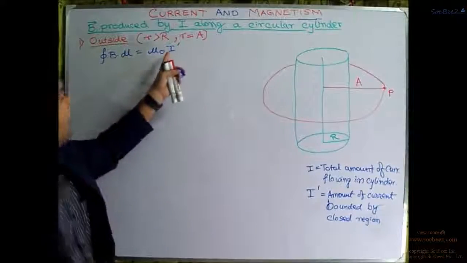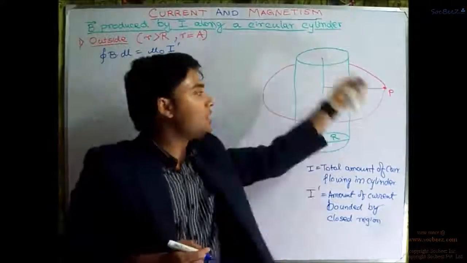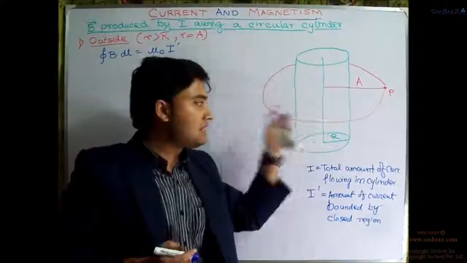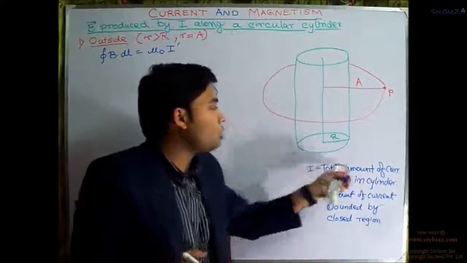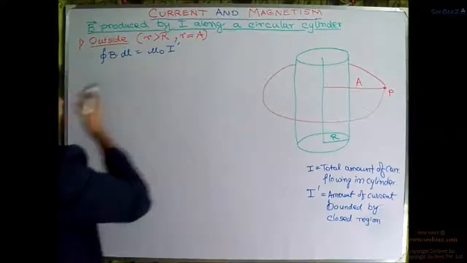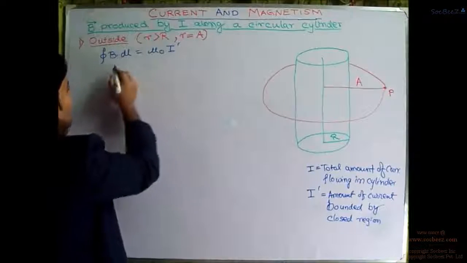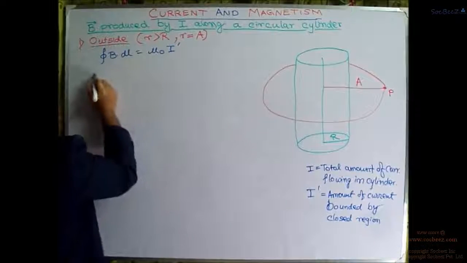And over here, what is the amount of the current that is bounded by this entire region, or this red line, or this red circle? It is simply equal to the total amount of current flowing through the cylinder. So we can write this I dash as I over here.